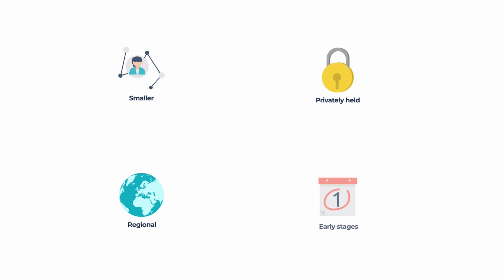This is especially true of CEDCs. They are by nature smaller, privately held, regional businesses, usually in their early stages of operation and, therefore, inherently risky. Each CEDC will have multiple risks.